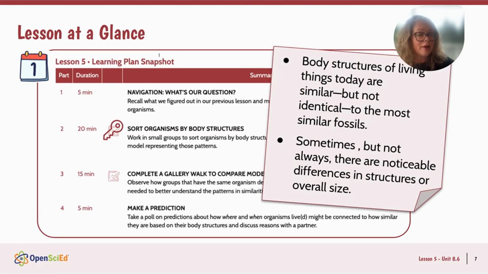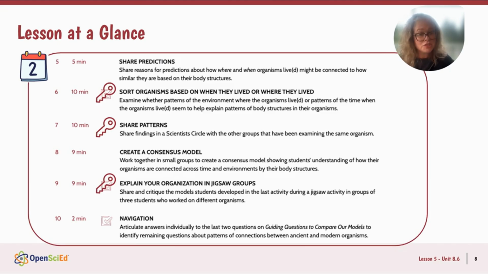From that, we figure out that body structures of living things today are similar, but not identical, to the most similar fossils. And sometimes, but not always, there are noticeable differences in these structures or their overall size. On day 2, the next big section of the lesson, we sort organisms based on when and where they lived to see if this can explain those patterns in body structures that we figured out on the previous day.